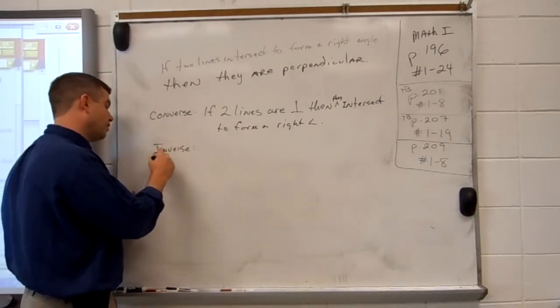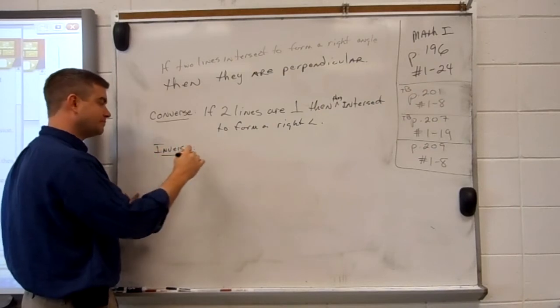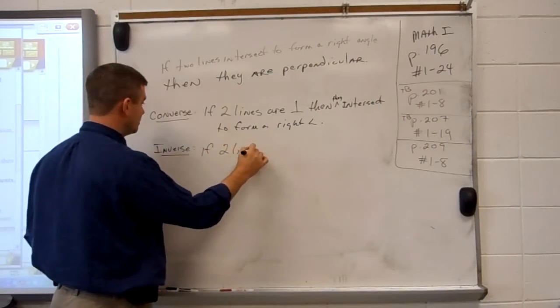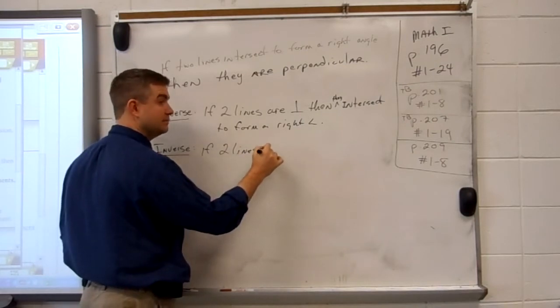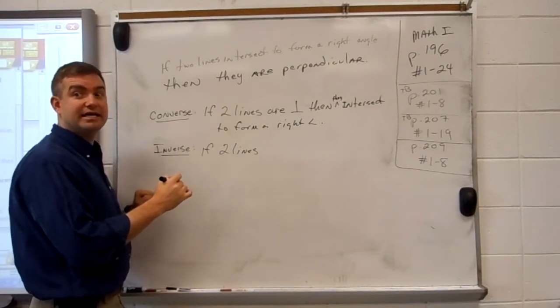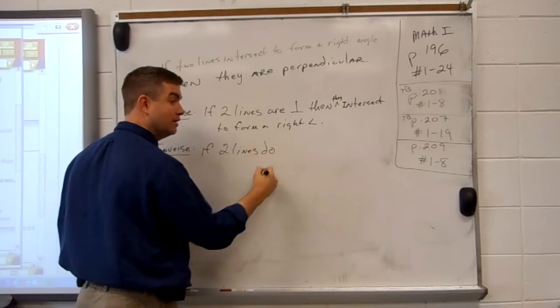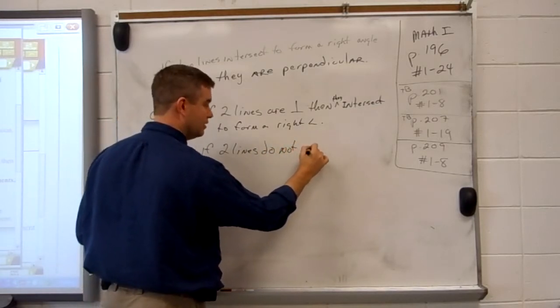All right, so James, what would the inverse of our original statement be? If two lines intersected to form a right angle. Careful. Inverse, we add a not. I didn't hear you say a not, did you? No, I didn't. Okay, if two lines do not, hold on, let me catch up.